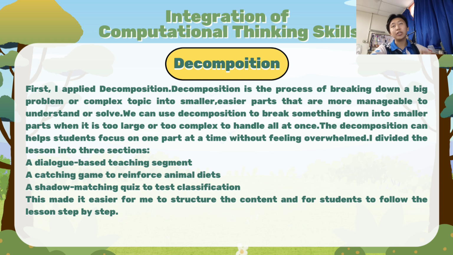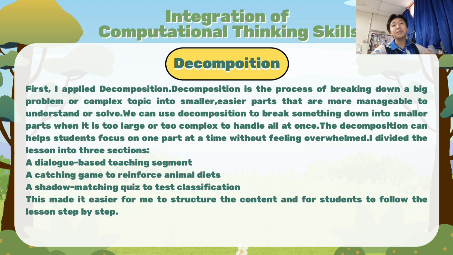So, in this class project, I divide the lesson into 3 sections. Which 3 sections? Firstly is a dialogue-based teaching segment. That is, I made a dialogue between a teacher, which is me, and a student, Ben.